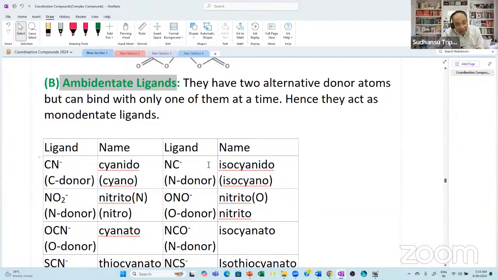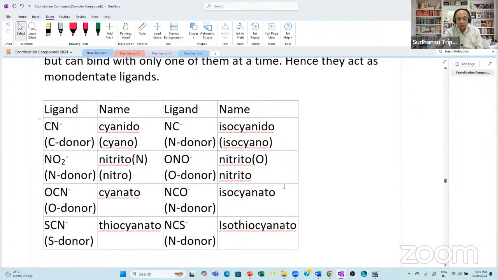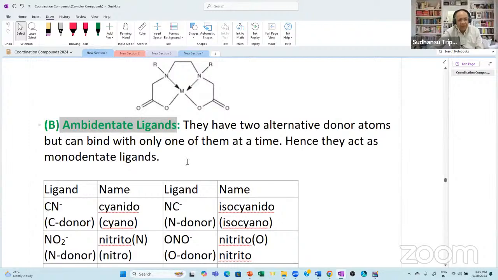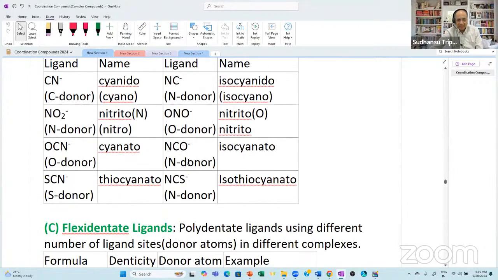If you write NC minus, same formula, but just switch the two atoms, it will mean the nitrogen is the donor and the name will be isocyanide. And in the old naming system, it is isocyano. NO2 minus, if you write, we have written that. So these are called ambidentate ligands. OCN minus cyanato, NCO minus isocyanate.